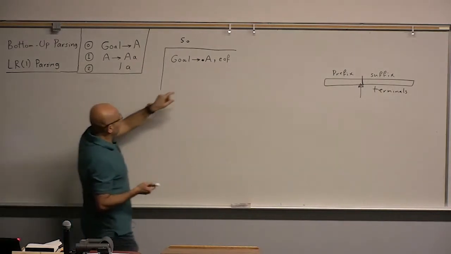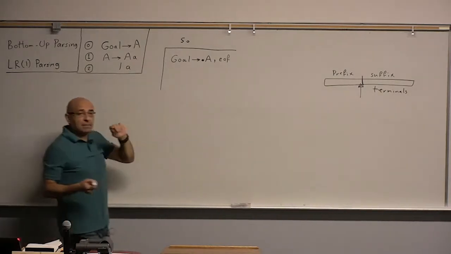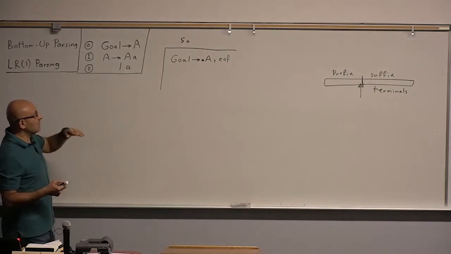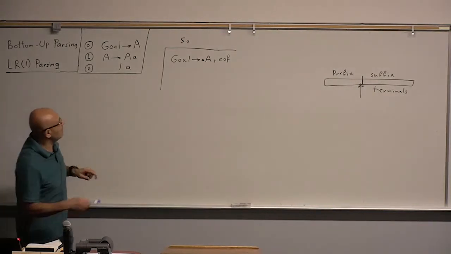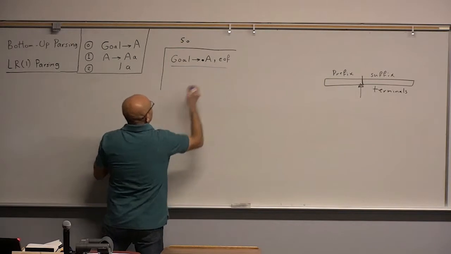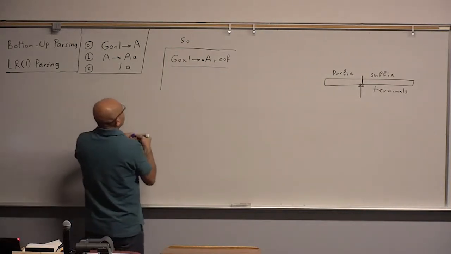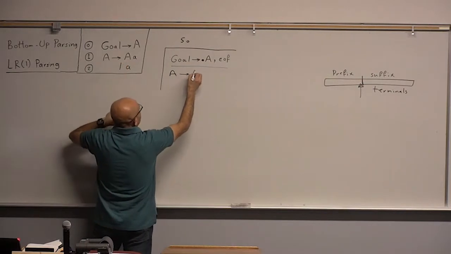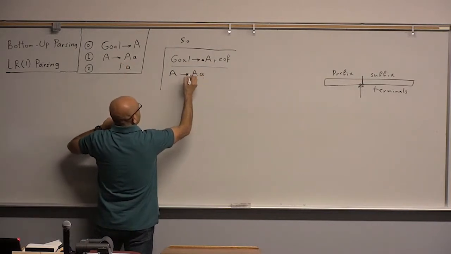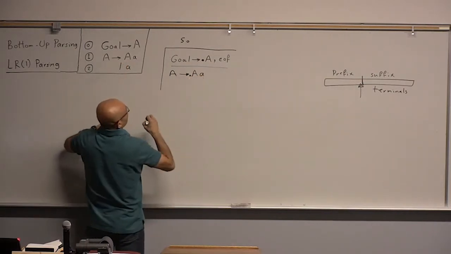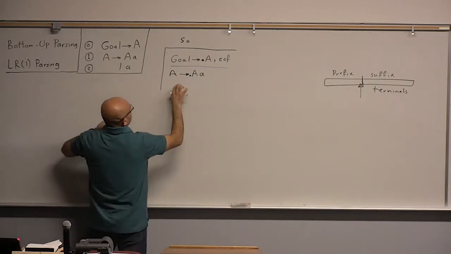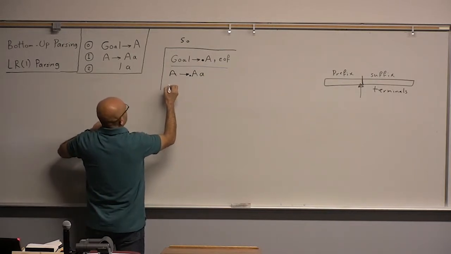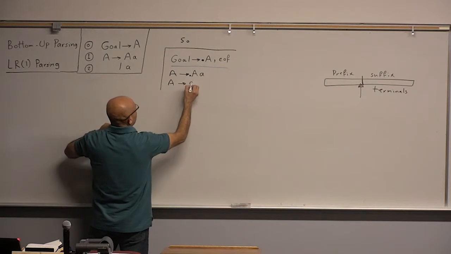But we should look at the rules that define an A. So at the second level, we should look at all the rules that define an A. An A could be an AA, or it can be an A.